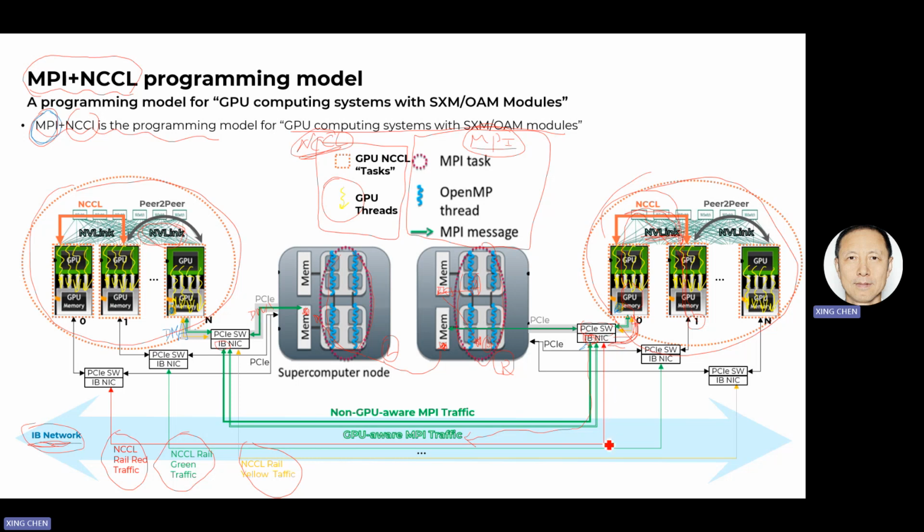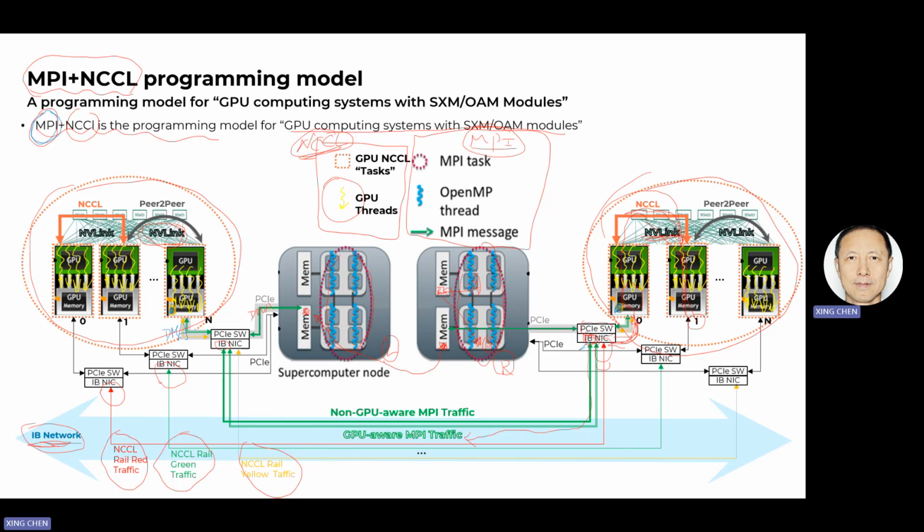The red one won't communicate with the green one from the left-hand side. The red one won't communicate with the green one, and it won't communicate with the yellow one. This red one won't communicate with the yellow one. So the NCCL communication is by design going to be grouped into rails.